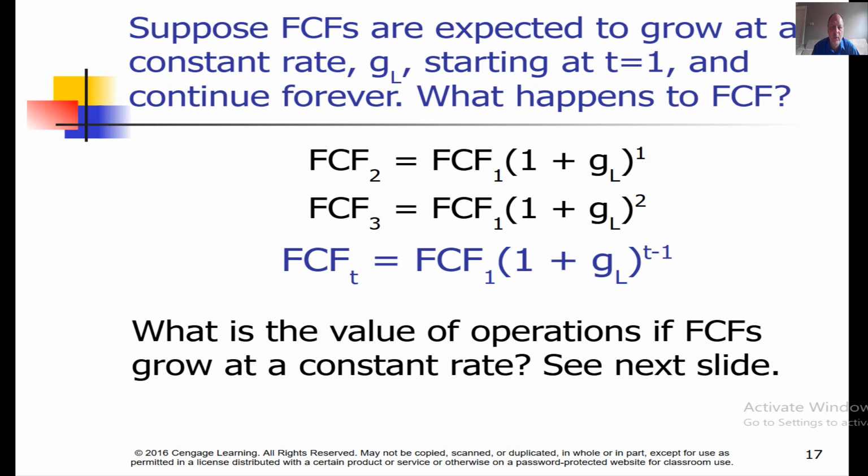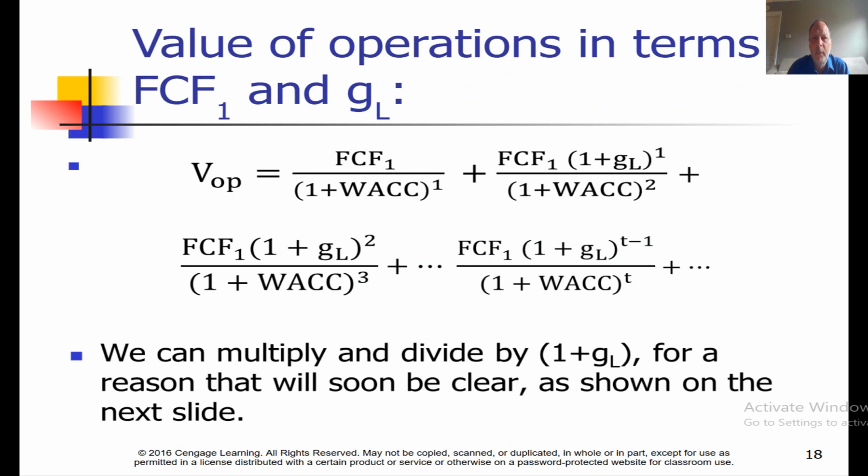And we can sum this geometric series to figure out what the value of the company is. The value of the operations portion of the company is therefore V_op equals the discounted sum of all future free cash flows by the weighted average cost of capital.